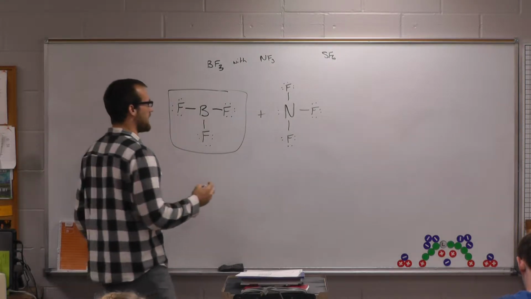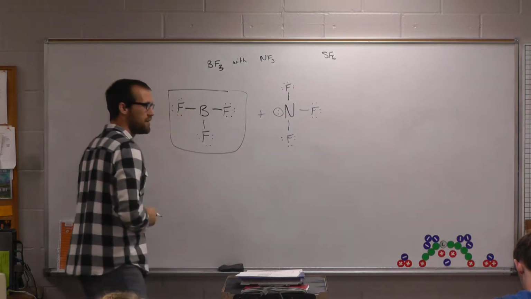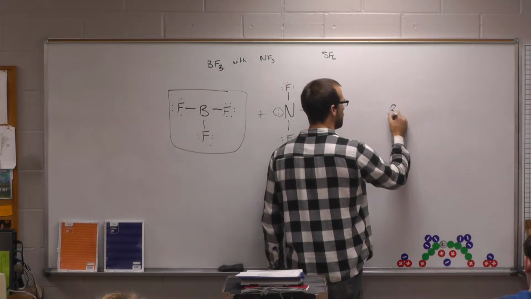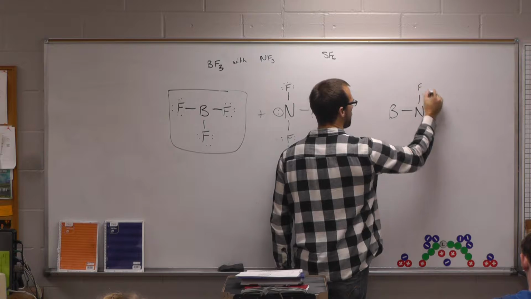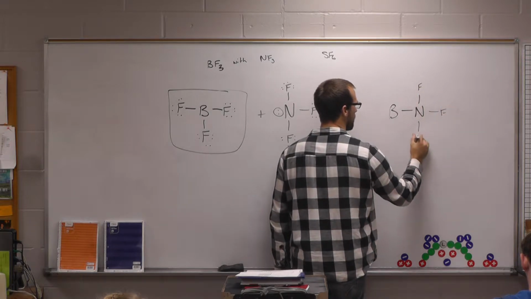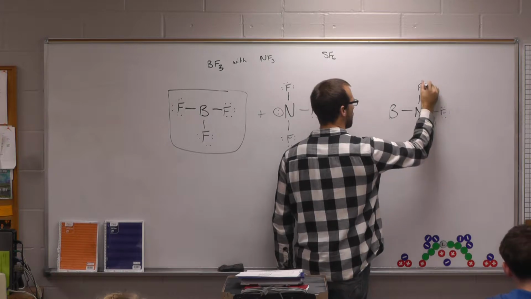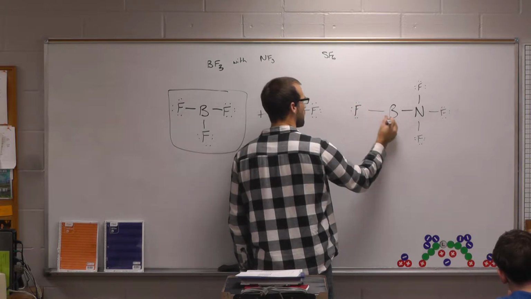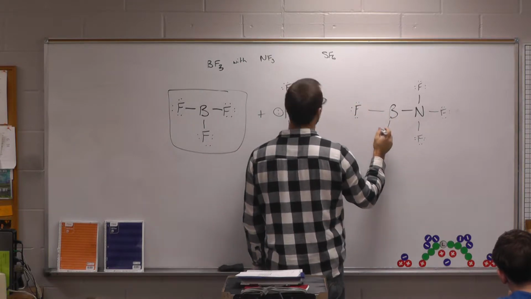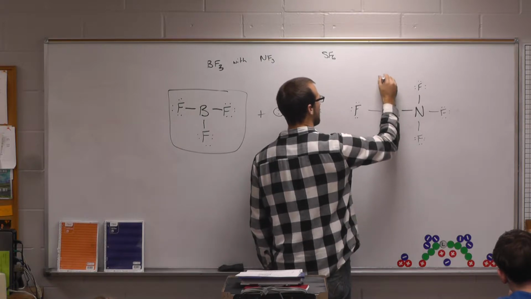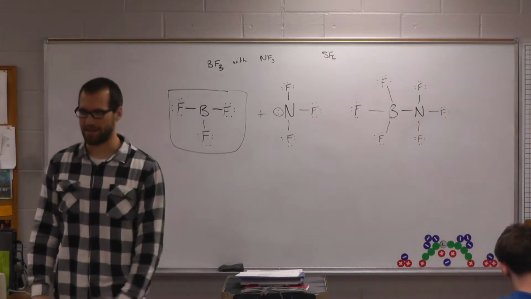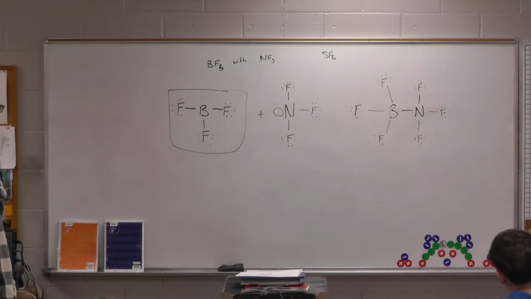So these 2 electrons here are both shared with boron to form this guy. I think I was supposed to have hydrogens here, but it still serves the purpose. Now do you see how boron has an octet? Nitrogen still has an octet, right?